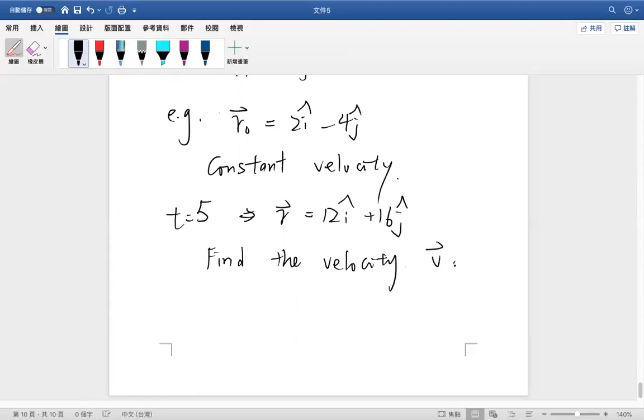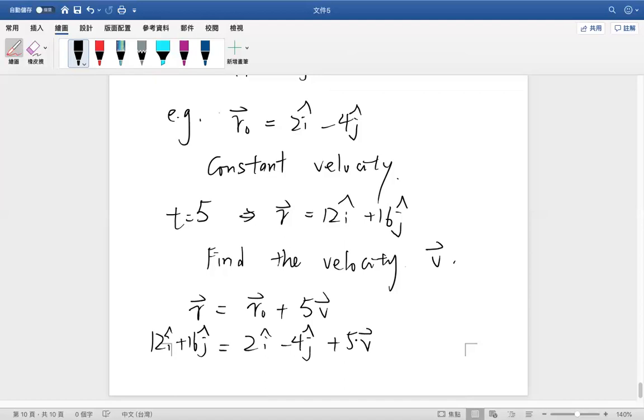Again, we can plug in everything, just that the unknown this time is the velocity V. Remember R is equal to R0 plus Vt, with time t equal to 5, so 5V. The left hand side is 12i plus 16j, and the right hand side is R0, 2i minus 4j, plus 5V.